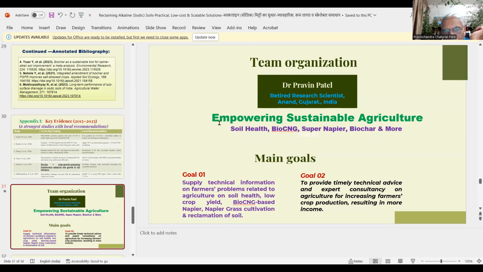I have prepared one website, Empowering Sustainable Agriculture, Soil Health, Bio-CNG, Super Napier, Biochar, and more. Our goal is to supply technical information on the farmers' problems, soil health, and Bio-CNG, and to provide timely technical advice and expert consultancy on agriculture for increasing per crop production, resulting in more income.